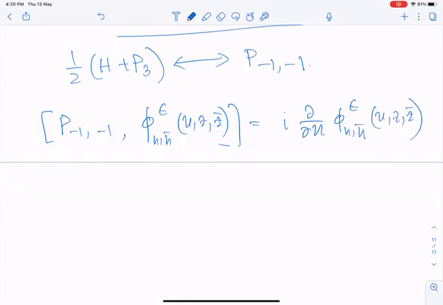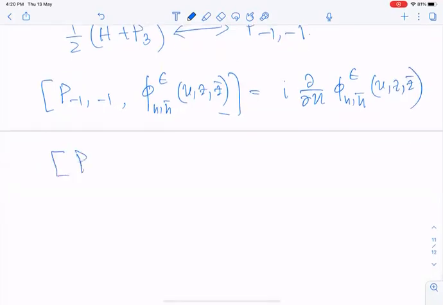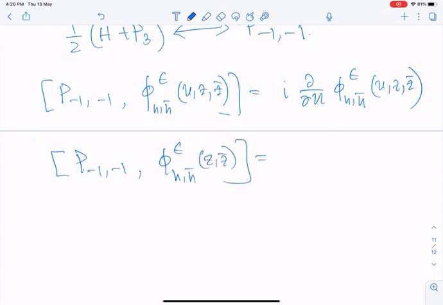Or if you don't want the u, you can also do it that way. So you have just phi epsilon h bar z bar, which is equal to epsilon times phi of epsilon h plus half, h bar plus half, z. Okay. But in the notation of the A and A dagger, does it mean that the commutation of H with A is equal to minus epsilon P0 A, the one that you were using earlier for the free theory?